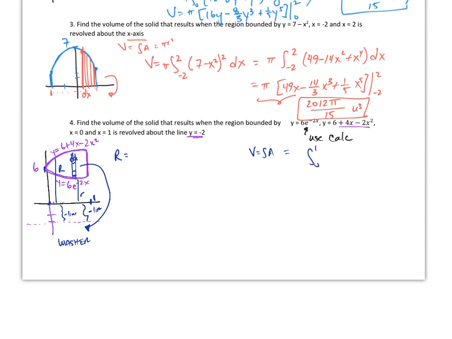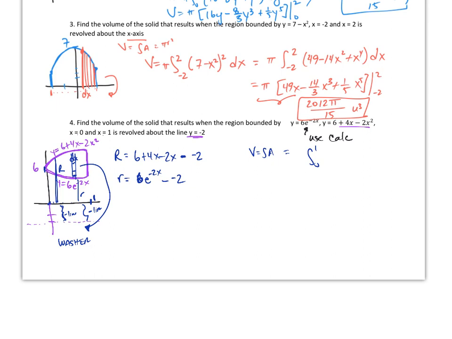All right, so the big R is going to be this 6 plus 4x minus 2x squared. That's this. And then we have to subtract out this little extra because we're rotating down here. So this is minus negative 2. The little r is going to be 6e to the negative 2x minus the negative 2.